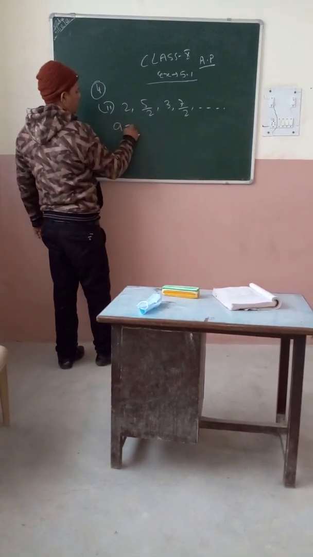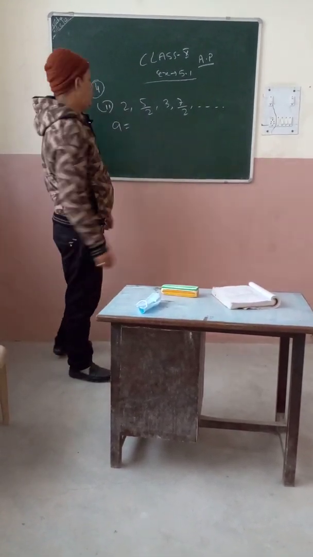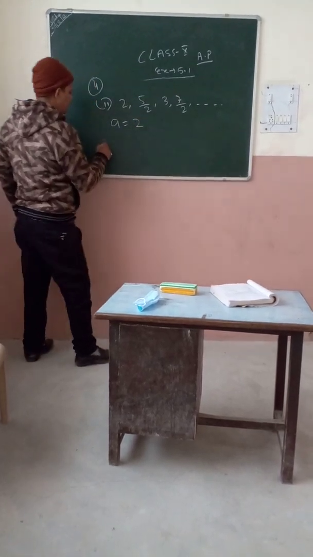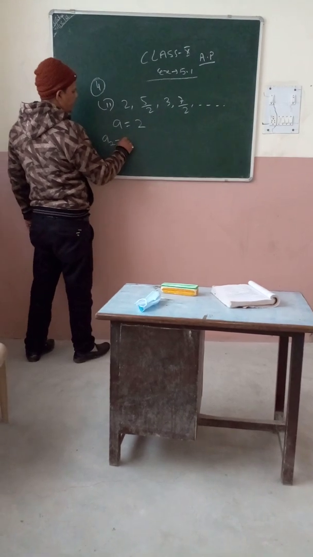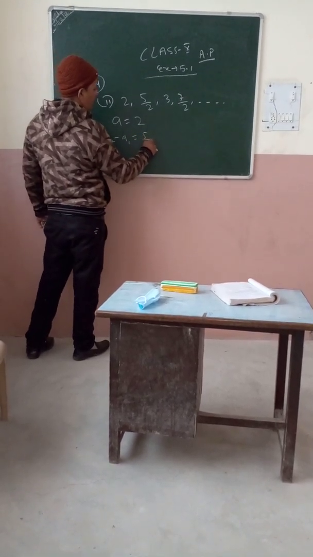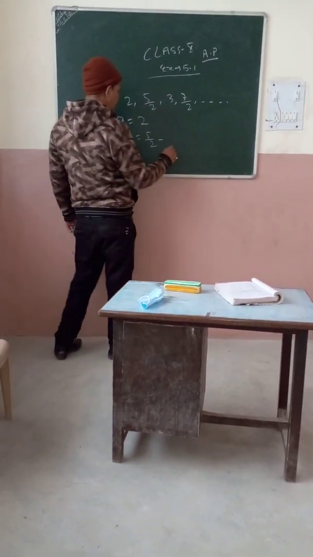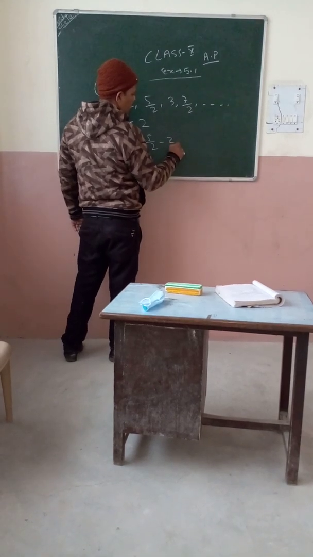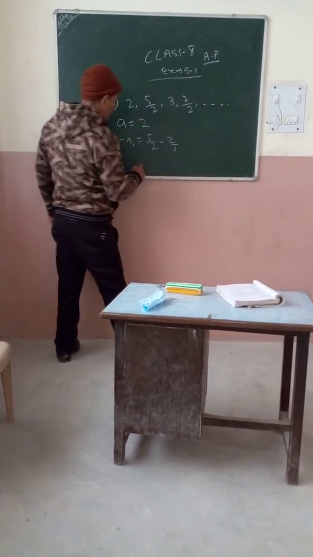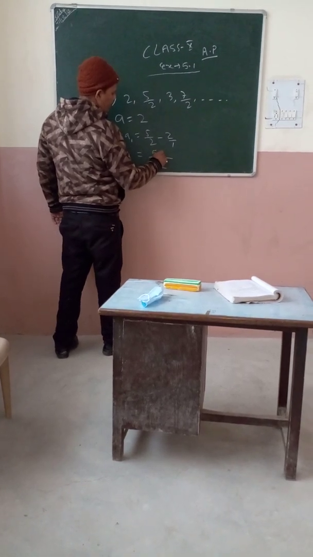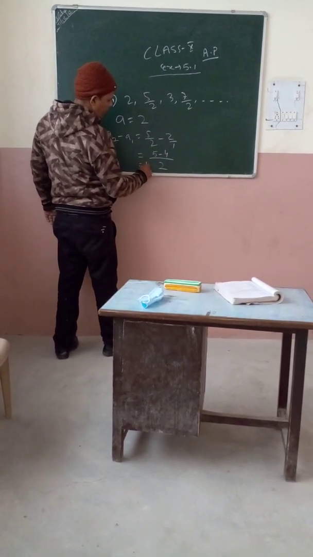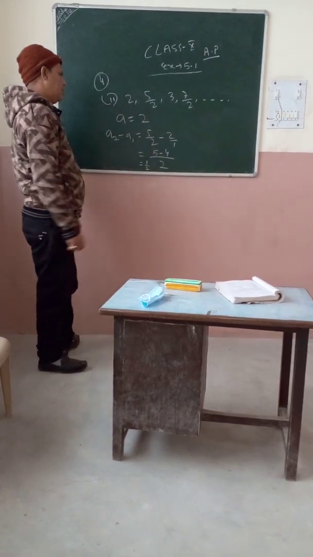The first term A equal to 2, and the common difference A2 minus A1 equal to 5 by 2 minus 2, equal to 5 minus 4 by 2, equal to 1 by 2.